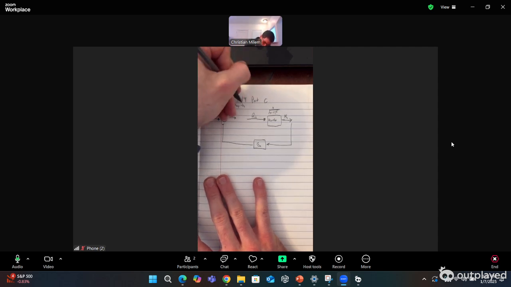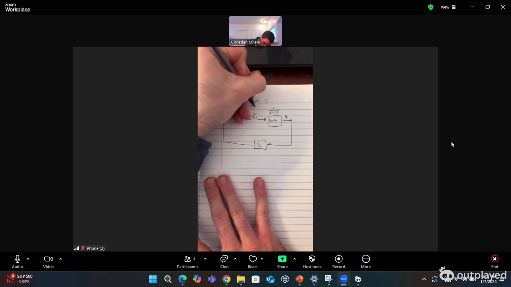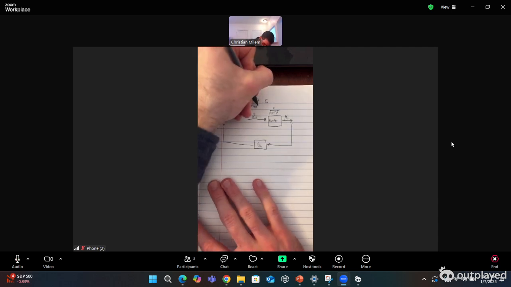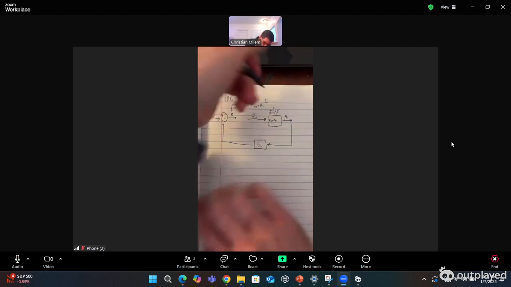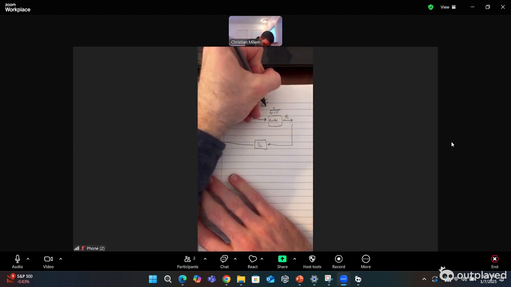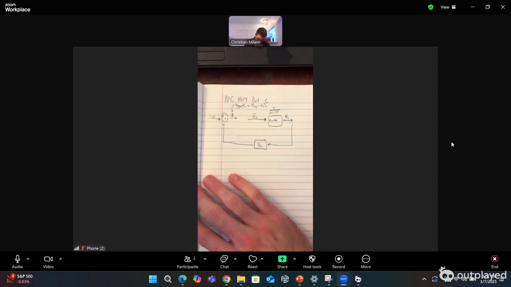But since this is in the Laplace domain, we have H3 set point minus H3 times our measurement device.